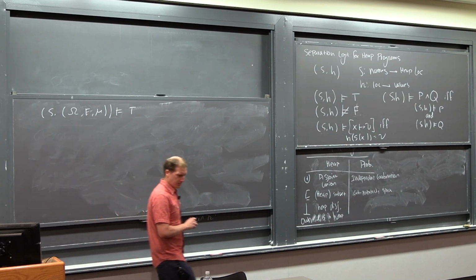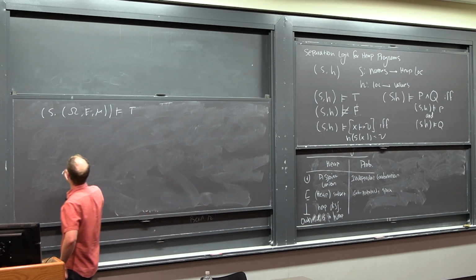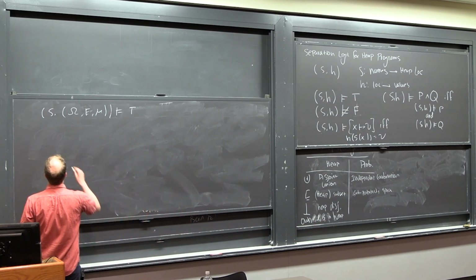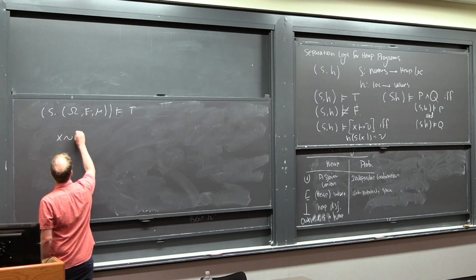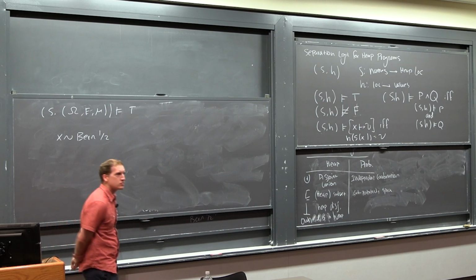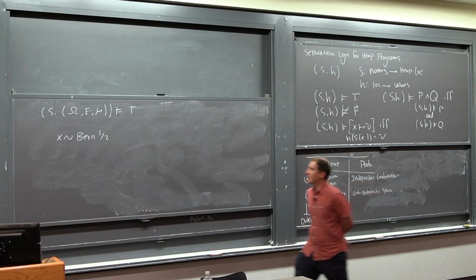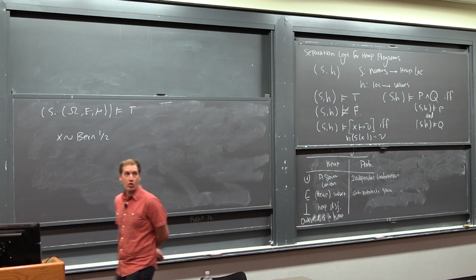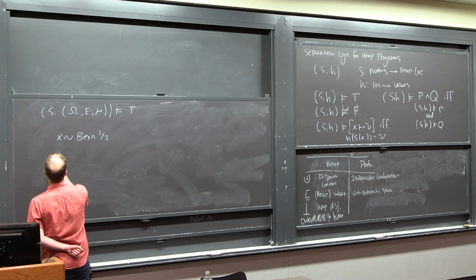Okay. So I think the real picture that made it make sense for me was the following picture. So I have a proposition: X follows Bernoulli 1/2. What does that mean, really? It's telling me something about the underlying state space of the program. And there's actually a lot of data that goes into this, right?